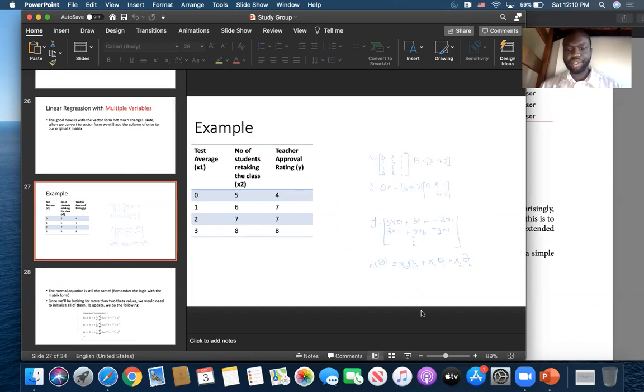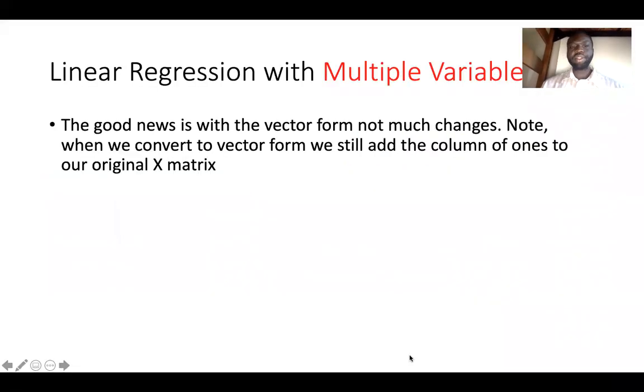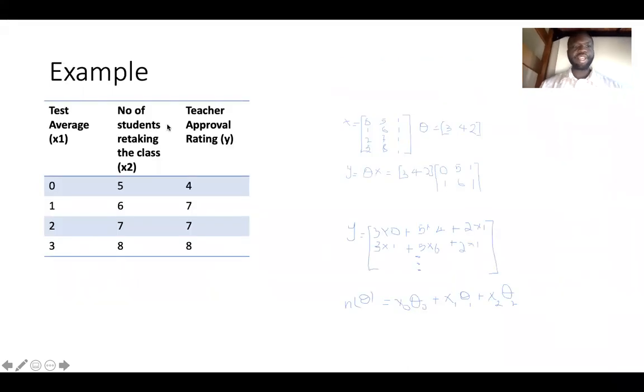The reason everything's vectorized is that it makes things very consistent. Say I added a new feature: this is x1, this is x2. And we're trying to get the teacher approval rating based on two things, not just one anymore.